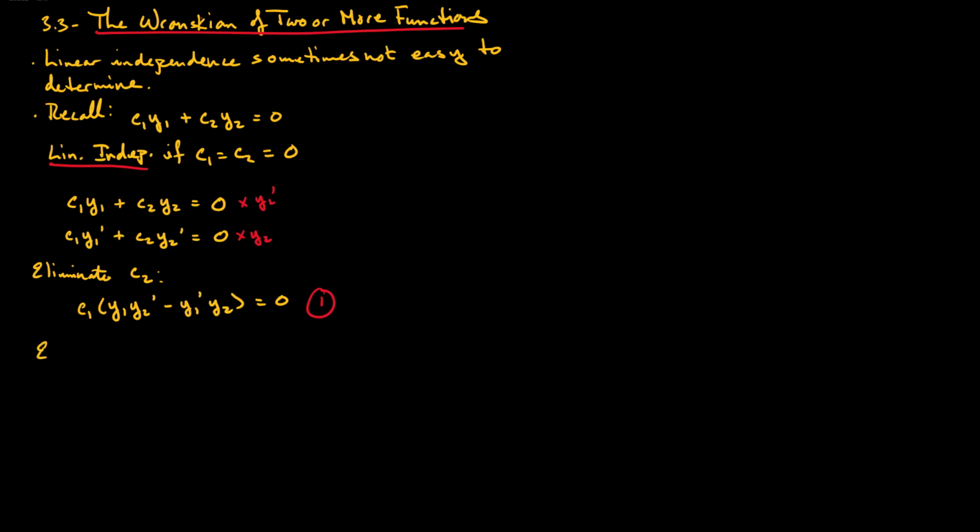Now let's say we wanted to eliminate c1. So in this case, what we would do is multiply equation 1 by y1 prime and equation 2 by y1.